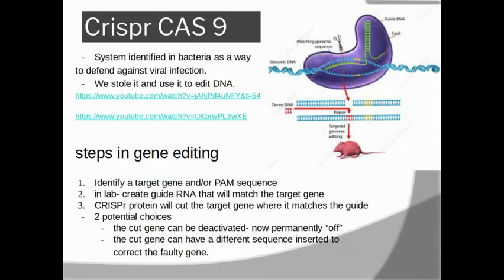The guide RNA will match that target gene, and the CRISPR protein will cut the target where it matches. And then you can either deactivate it, which means it's off, which I was just referring to, or you can have a different sequence inserted to correct the gene. So if you don't produce a protein properly, the CRISPR-Cas9 system can actually correct it.